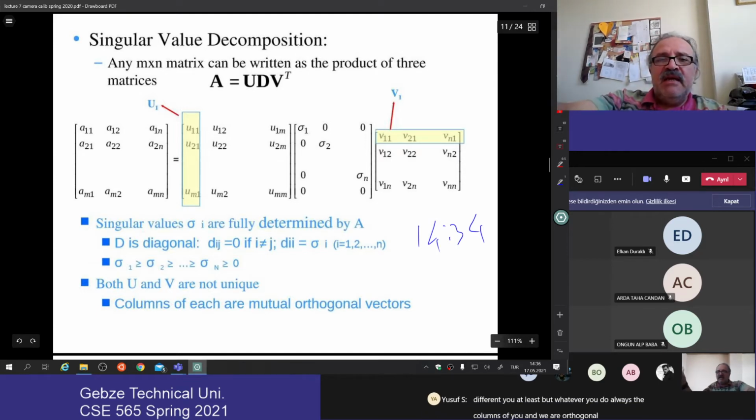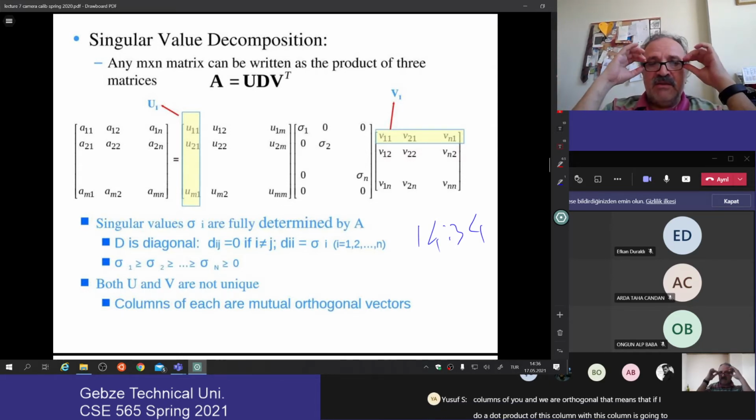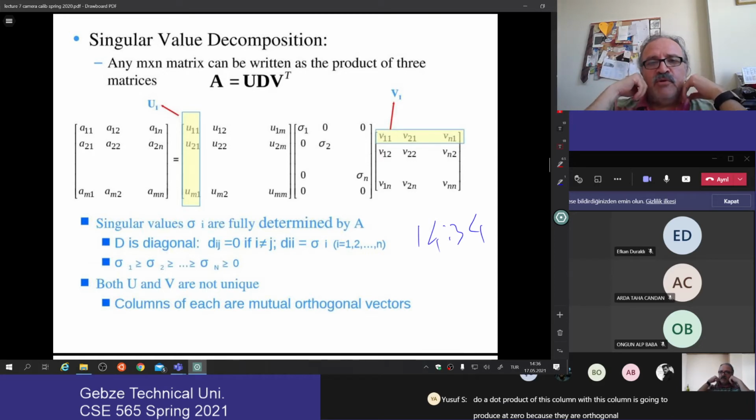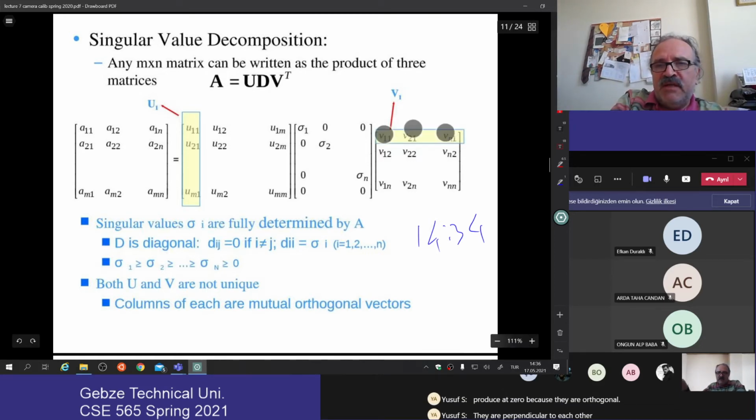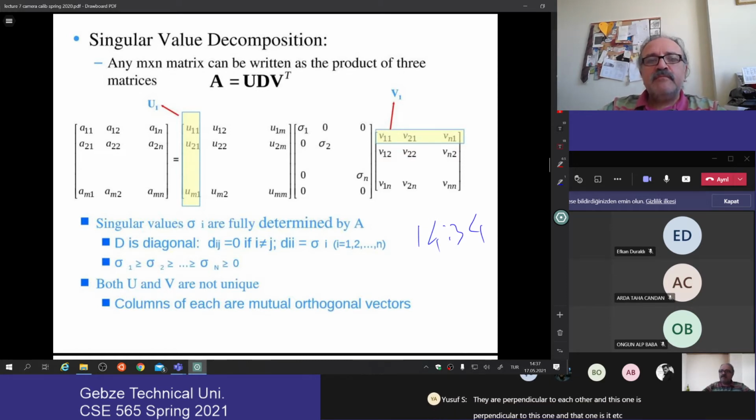That means that if I do a dot product of this column with this column, it's going to produce a 0 because they are perpendicular to each other. This one is perpendicular to this one and that one, etc. They are mutually orthogonal.